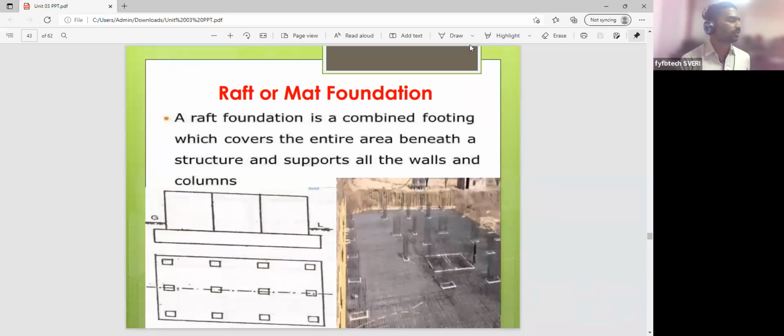Then raft. Yes, this is important, write it as important. Raft or mat foundation.